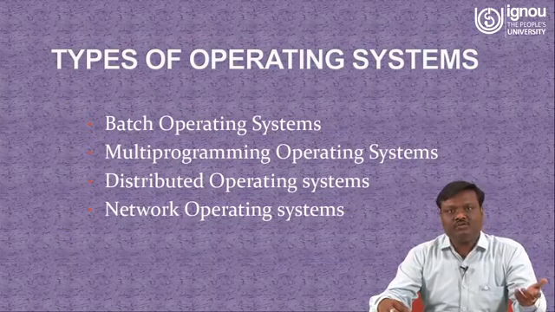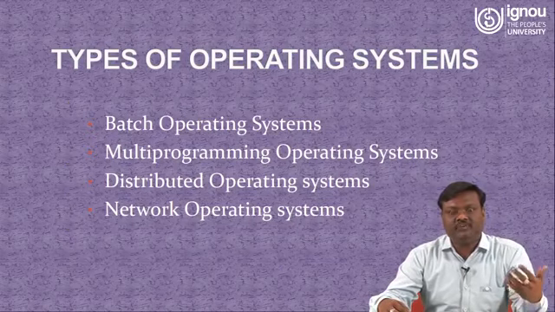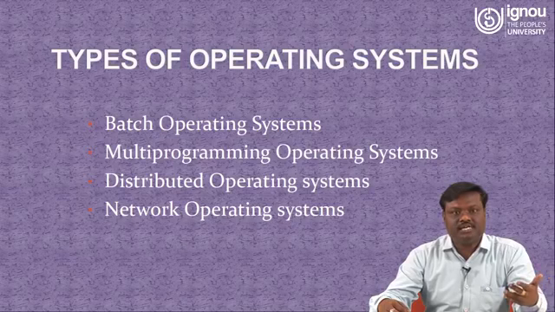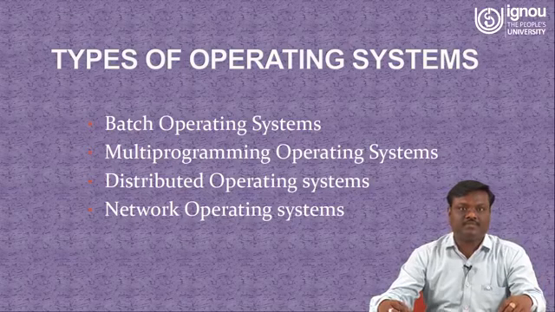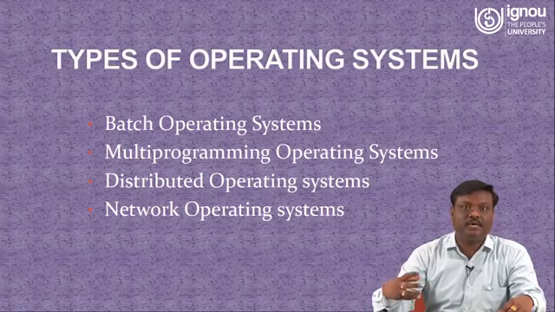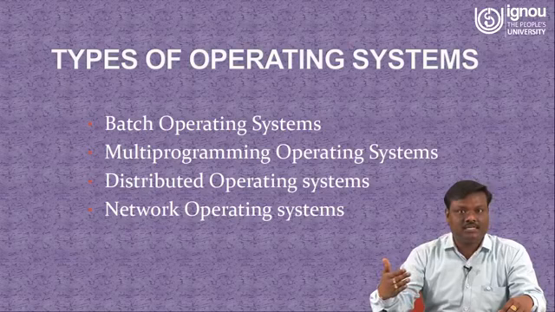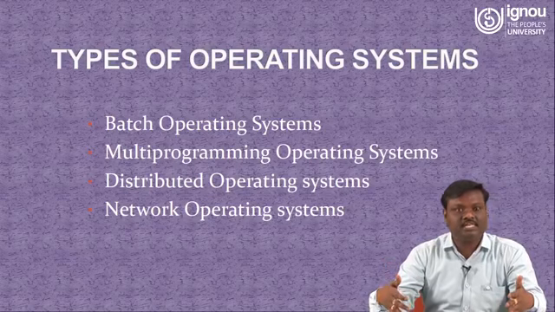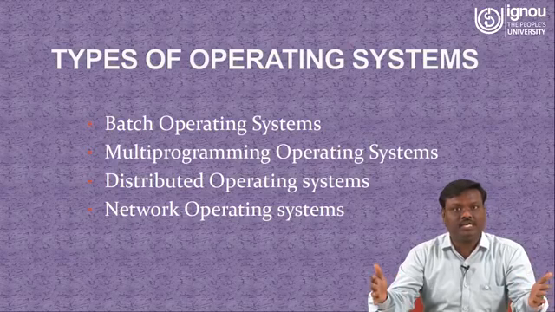After looking into the several aspects of the functions of the operating system, let us switch to the types of operating systems. There are several types of operating systems depending upon the activity, the number of processors, the number of tasks, or the machines that it should coordinate with, either a single machine or machines connected together.